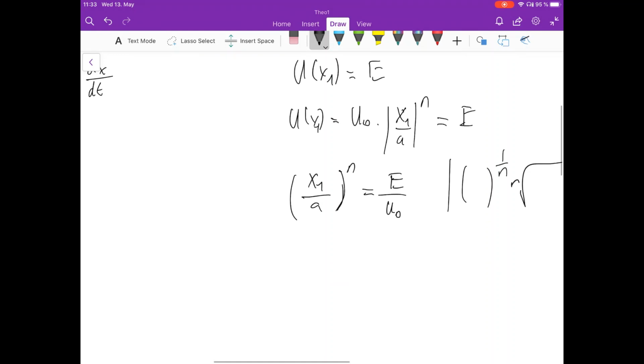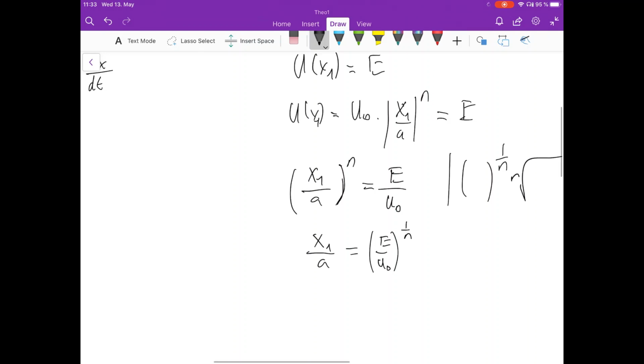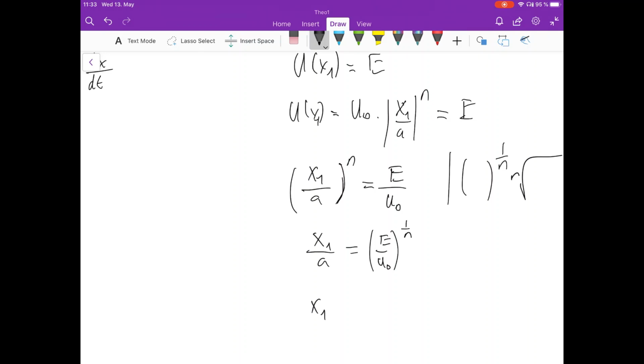And if I take the nth root, x1 divided by a is going to be equal to the nth root of E divided by u null, which is E divided by u null to the power 1 over n.